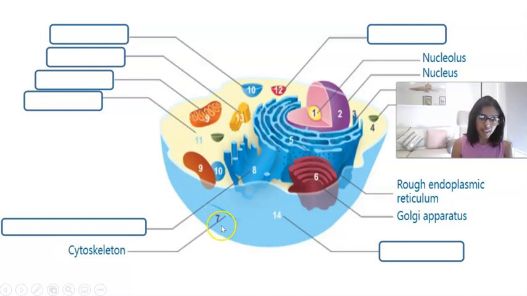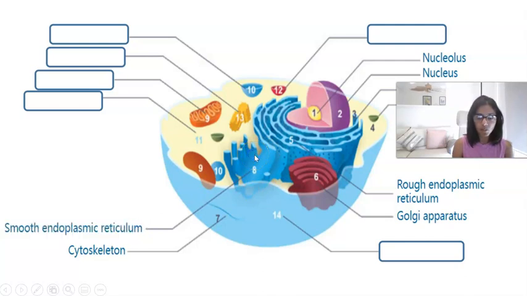We haven't mentioned that one yet, so the cytoskeleton is just the framework of the cell to give it structure, the same way that you have a skeleton. Number 8 is the smooth endoplasmic reticulum. Number 9, mitochondrion or mitochondria. Number 10 is a vacuole.